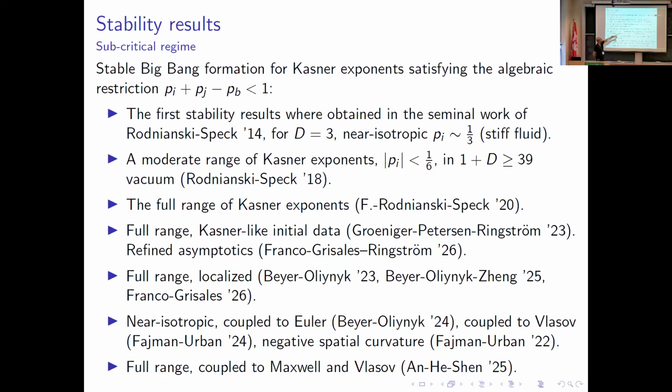This is in vacuum, and in order to satisfy this inequality, you have to have quite high spatial dimensions. Basically, the more you increase the spatial dimensions, the smaller Kasner exponents you can have. And in particular, if they're all small, then the algebraic combination that we saw before is going to be less than 1. So it's possible.